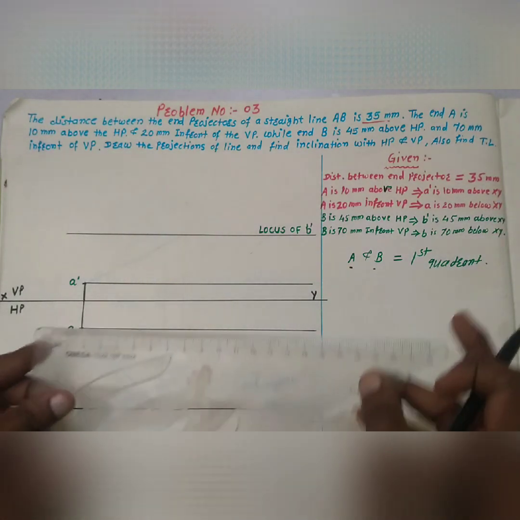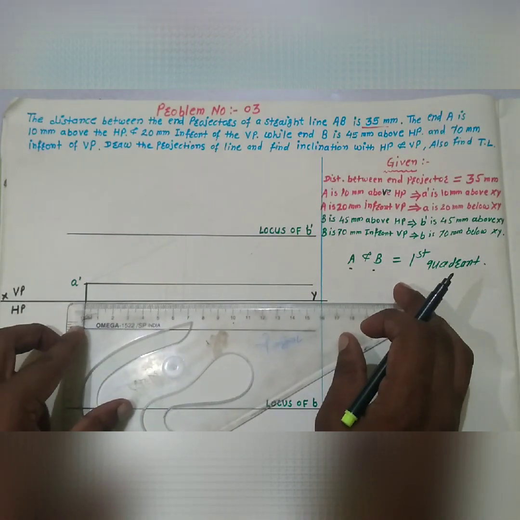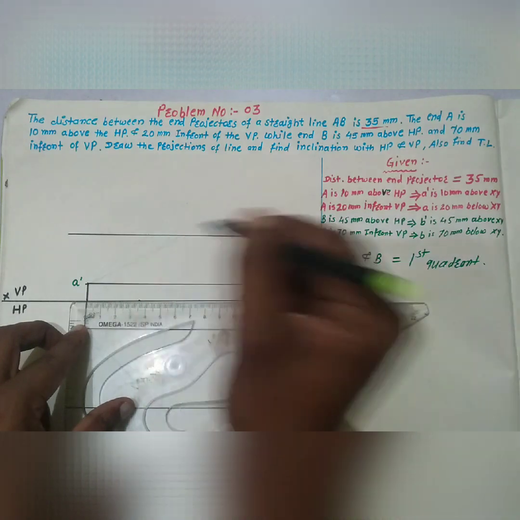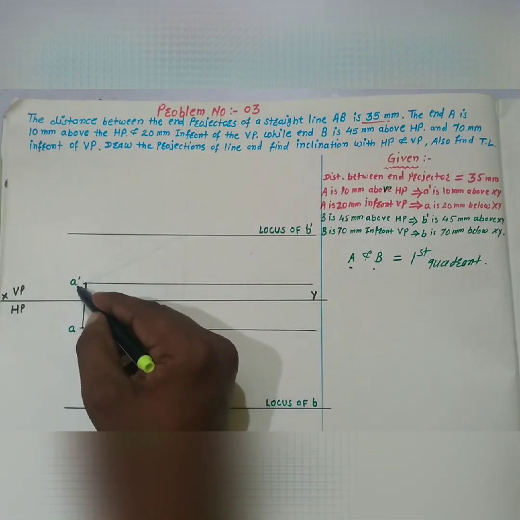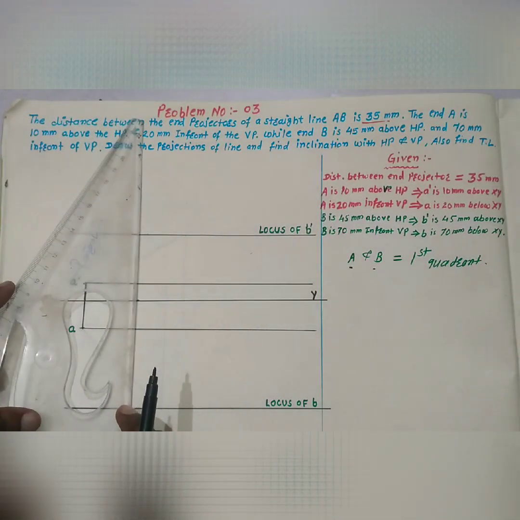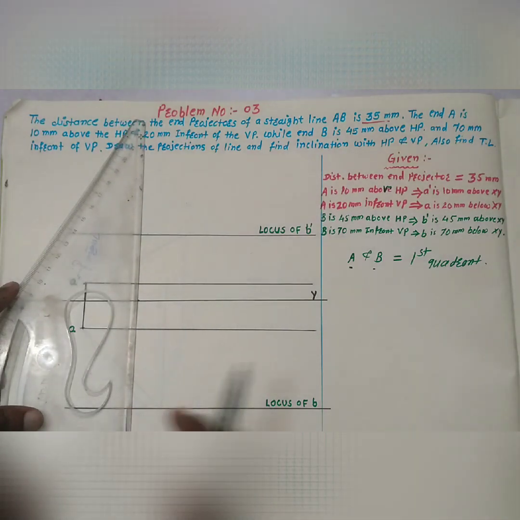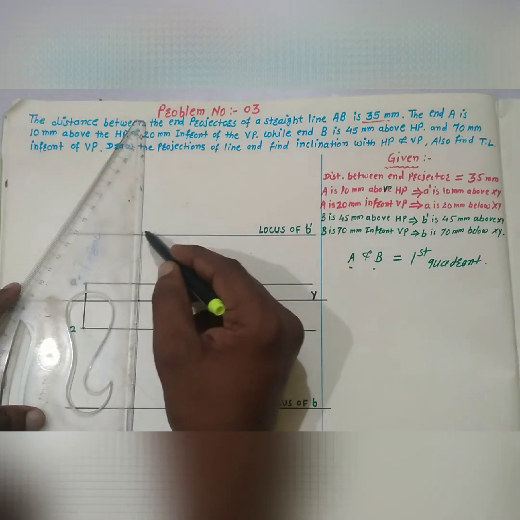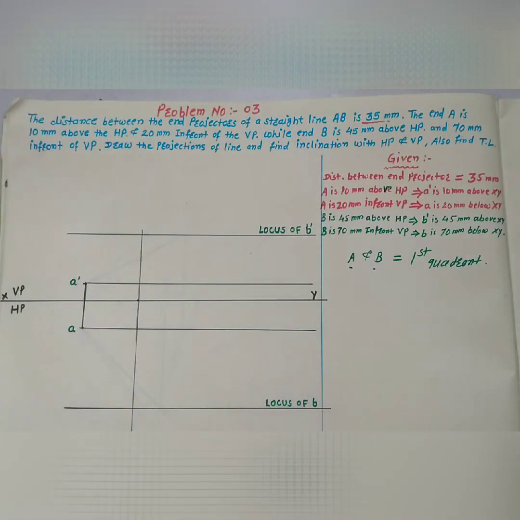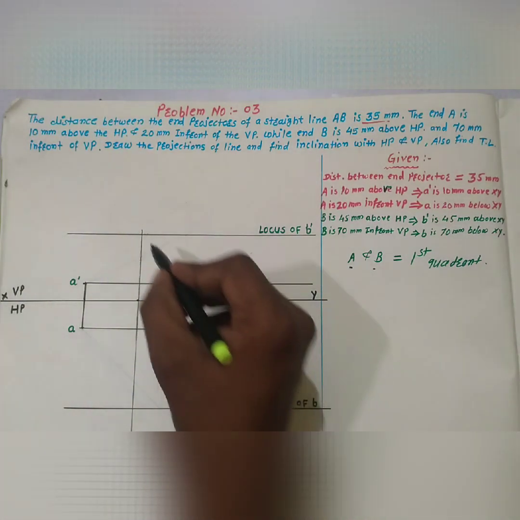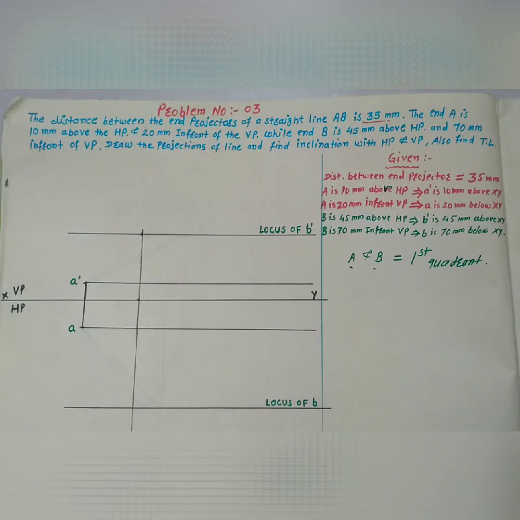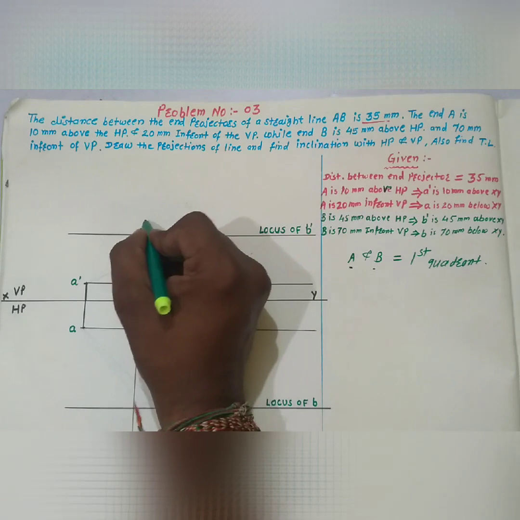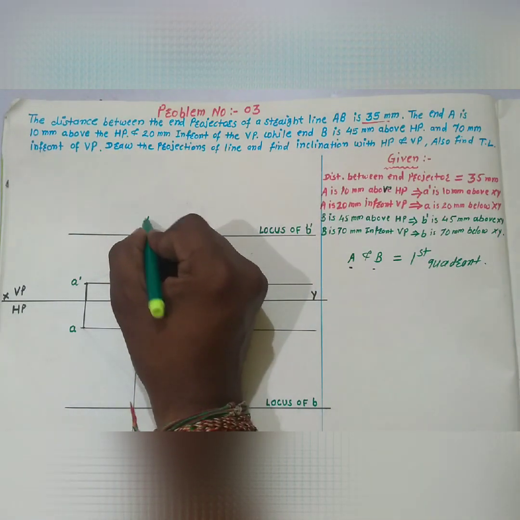Take 35 mm distance from A dash and A, and draw one straight line. When this line cuts the locus of B dash, that is your point B dash.